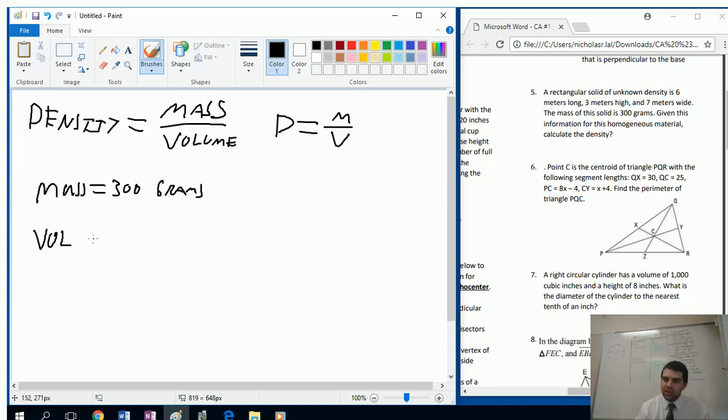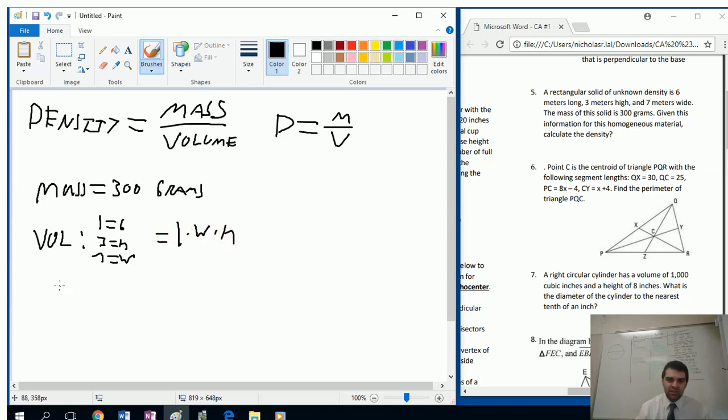So the rectangular solid has 6 meters, our length is going to be 6, 3 is going to be equal to our height, and 7 is going to be equal to our width. So our volume of a rectangular solid is going to be equal to length times width times height.